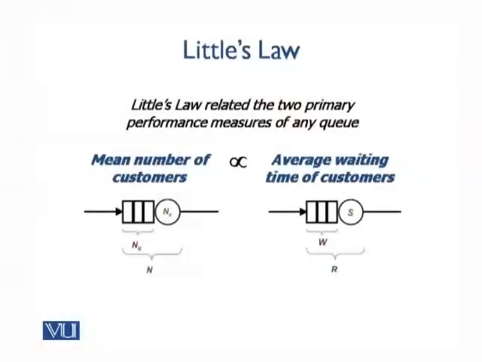And because of that, the average waiting time that a user experiences using a car on these roads would also increase. So both of these things intuitively are linked together, but Little's law actually tells us that they are proportional, and it also provides us with the constant of proportionality.